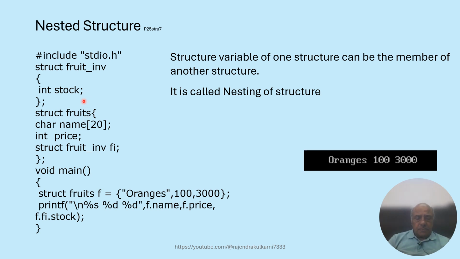So when I executed this program, I got this output. f.name gave me oranges, which is the initialization of char name of structure fruits. 100 is the price which we have initialized for the int price member of structure fruits, and 3000 is the value we assigned to the member called stock of the structure fruit_inv.